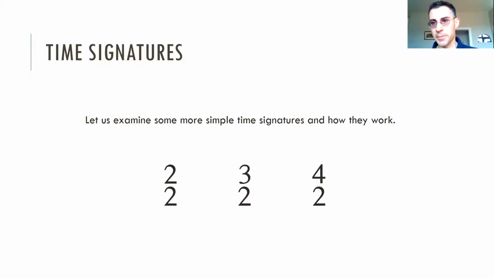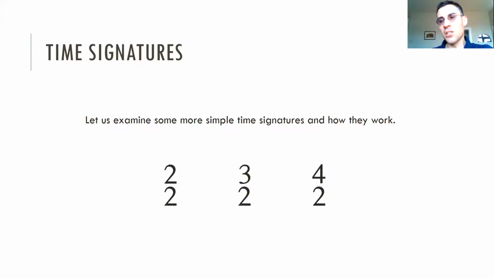So when we were dealing with 4/4, for example, the bottom 4 told us that we were dealing with crotchets, okay? We were dealing with 6/8. The bottom number 8 told us that we were dealing with quavers, okay? Now, I explained this last semester, but I'll just remind you that you use the number 4, and then you divide 4 by the bottom number of the time signature, and that will tell you which note value you are using.